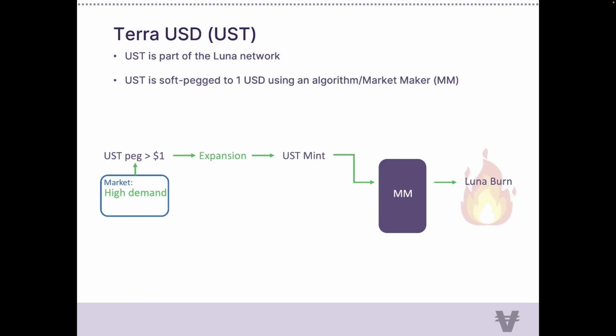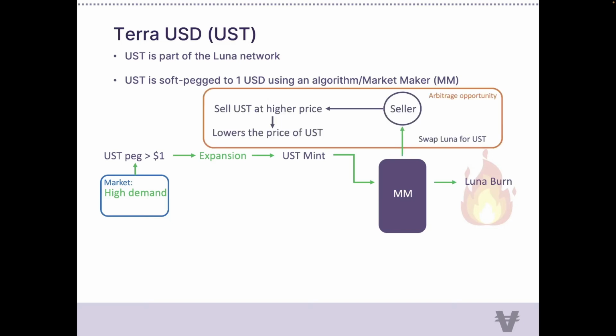It can burn Luna, or it can allow this arbitrage opportunity to be taken by a seller. This person will swap their Luna for USD, and then they could sell that USD at this higher price. And if they sell the USD, this will lower the price of USD.